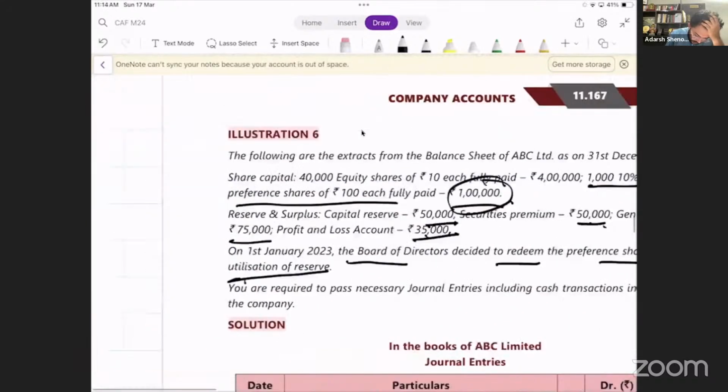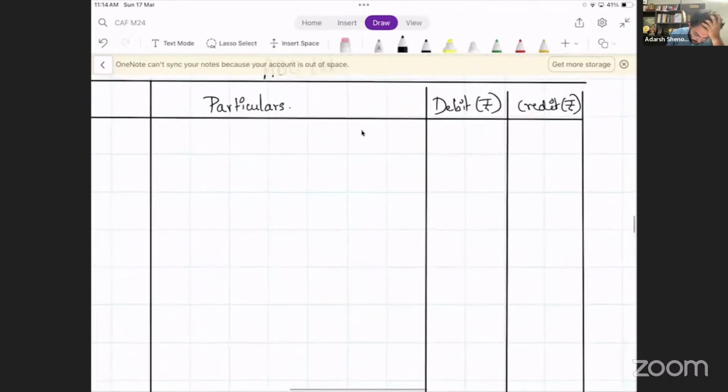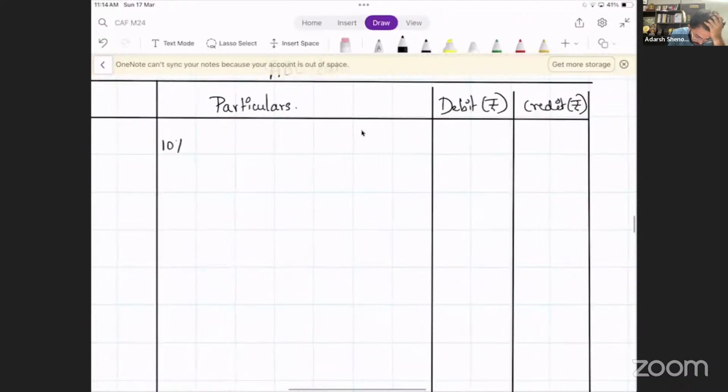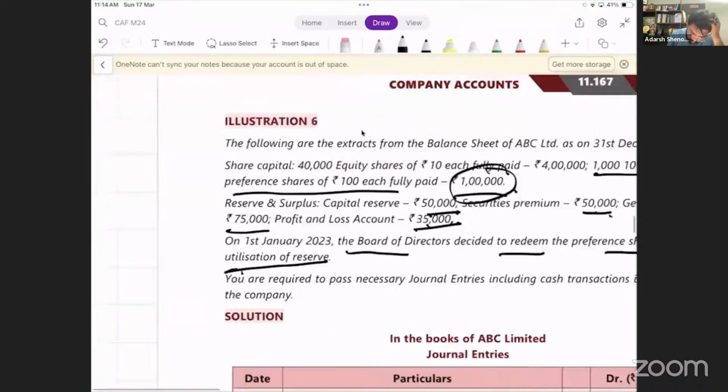So we have 10% redeemable preference shares account debit. It is being redeemed at par, right?